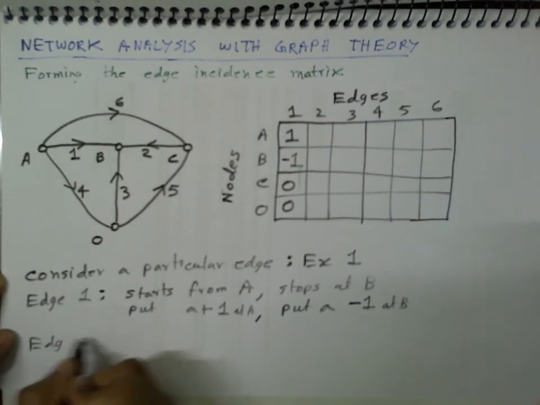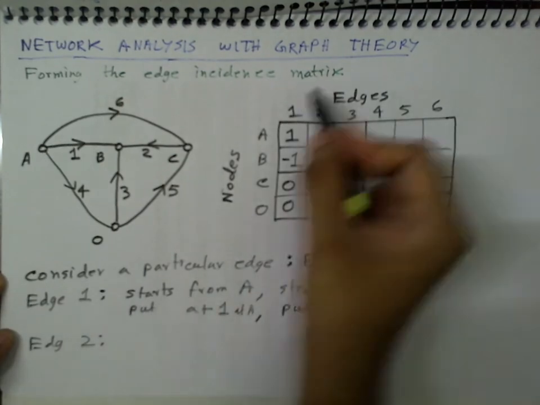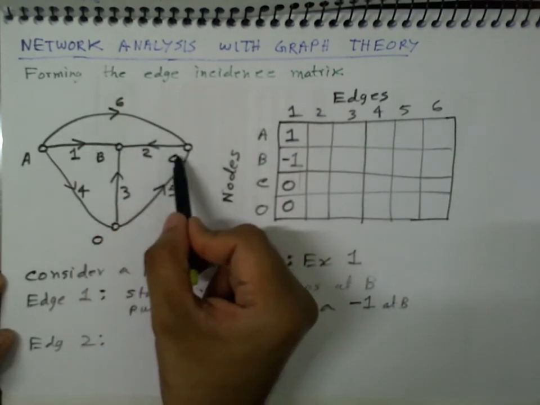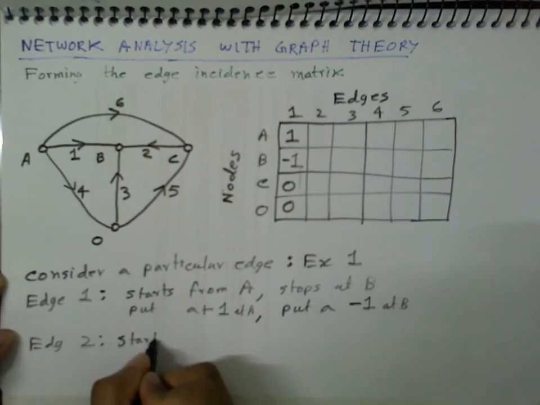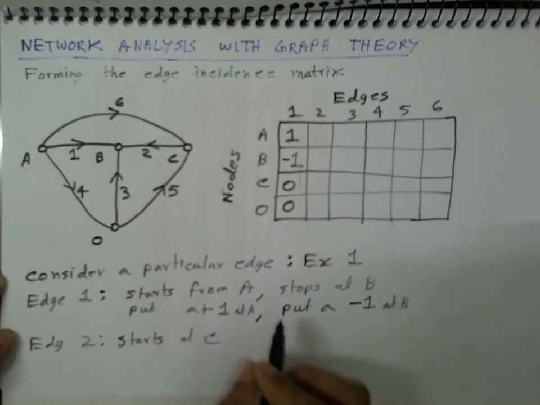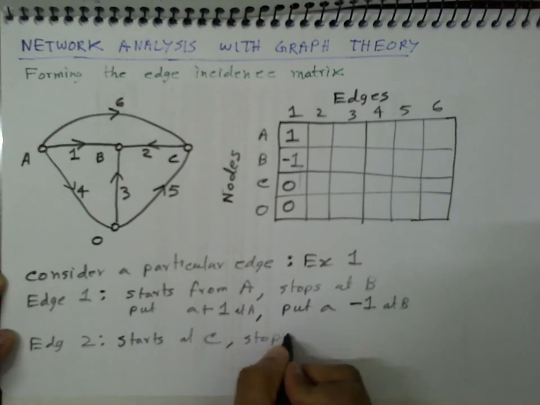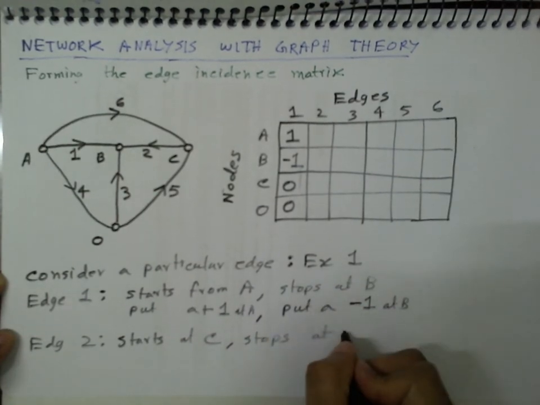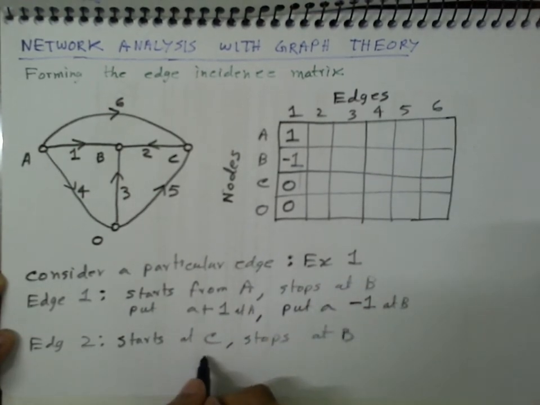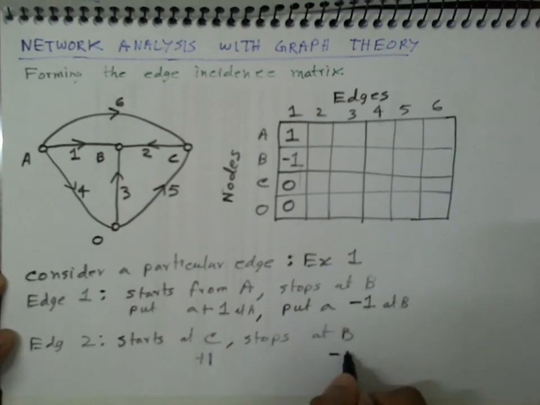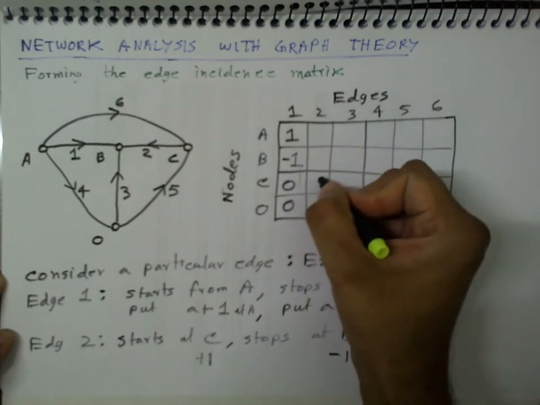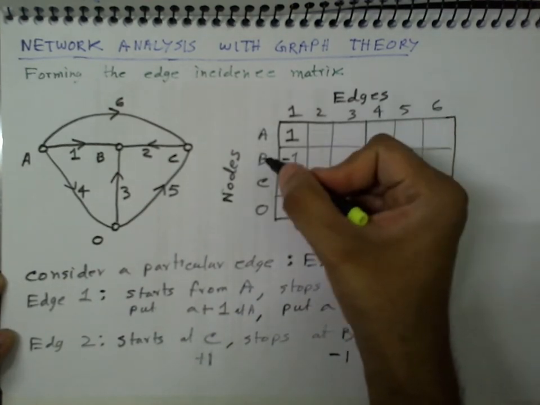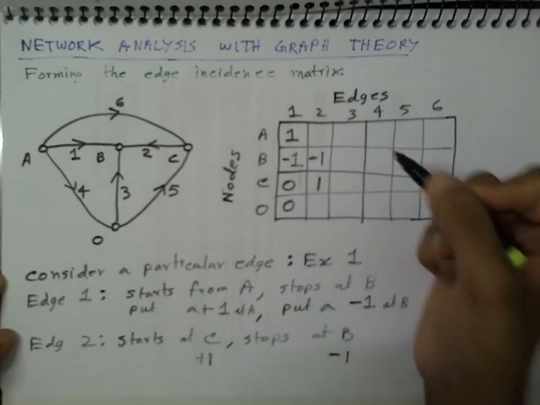Similarly, now let's look at edge 2 next. Edge 2 is here, it starts from C, stops at B. So put a +1 against C and -1 against B. So here at C I put a +1 and here at B I put a -1.